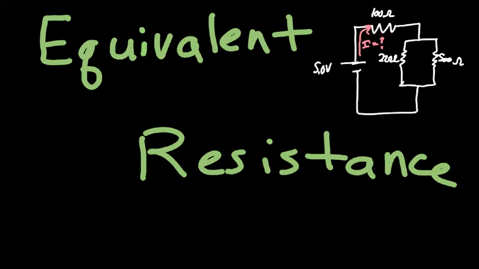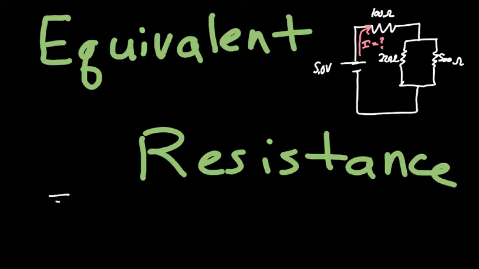So we can do a lot once we know that starting current, but we've got to get to that point first. And we're going to do that by looking at something called equivalent resistance. The big idea here is that whatever setup we have for this circuit, we're going to have some current coming out of our battery.